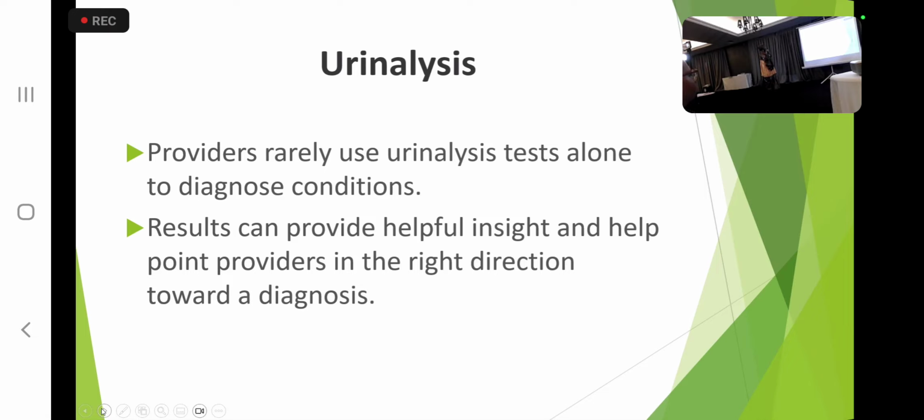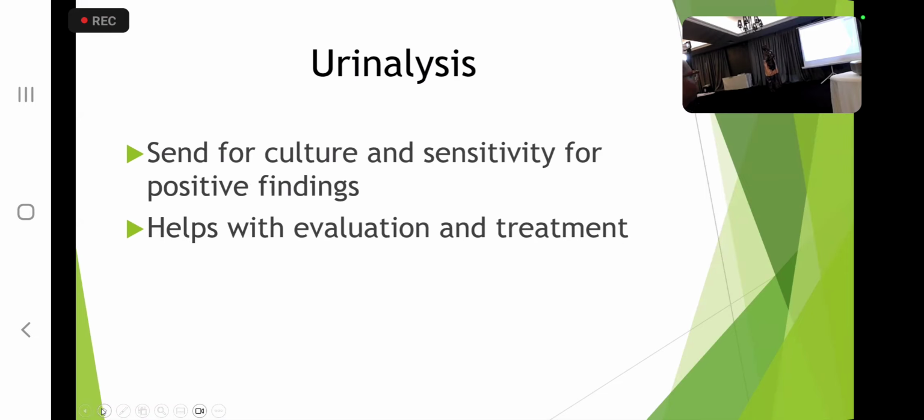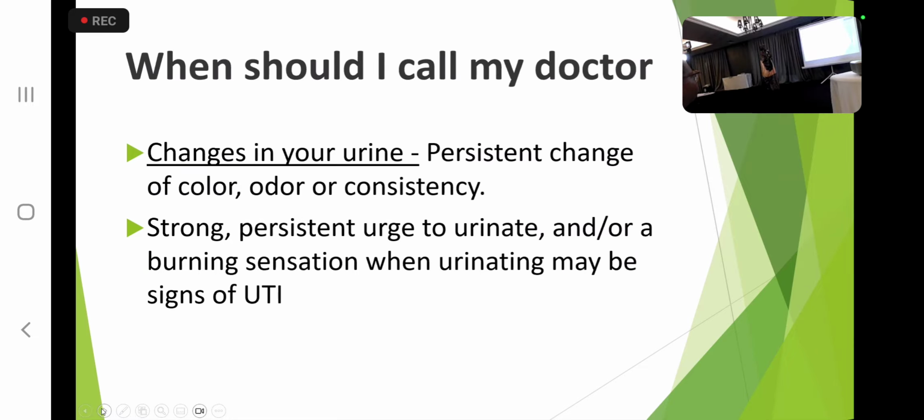Results can provide helpful insights and help point providers in the right direction towards the diagnosis. You also send for culture and sensitivity for positive findings. You see positive protein, positive glucose, whatever it is, send it out and confirm your diagnosis before you say this is what's going on. Next slide.